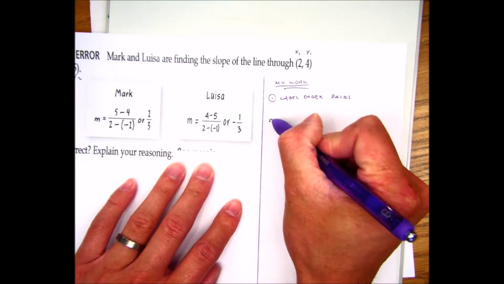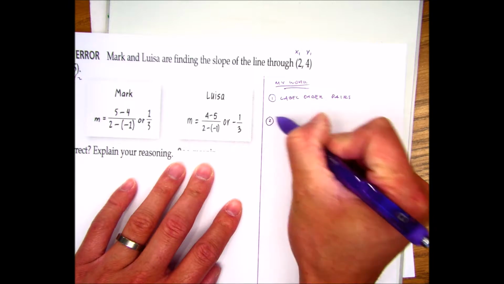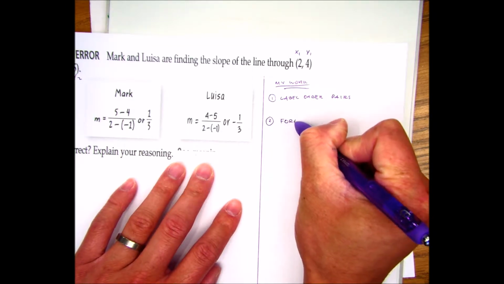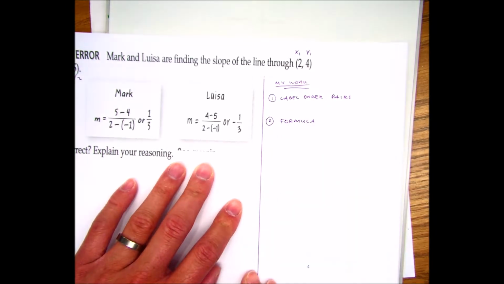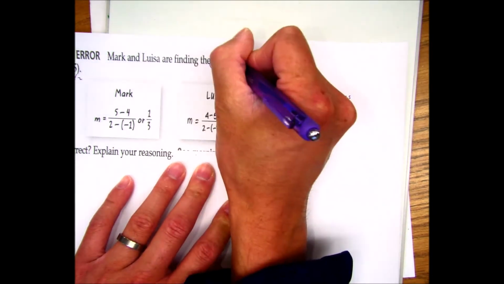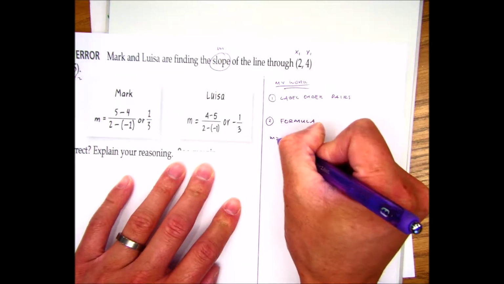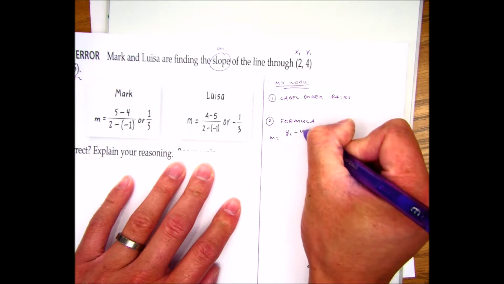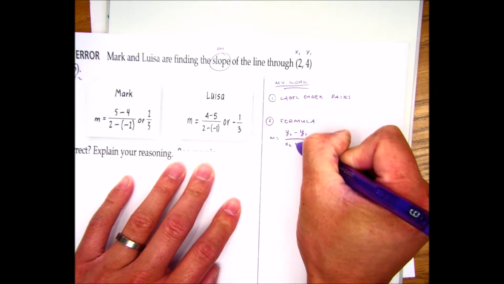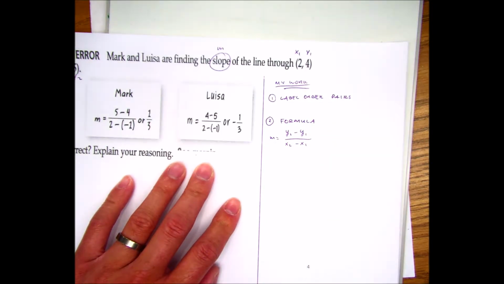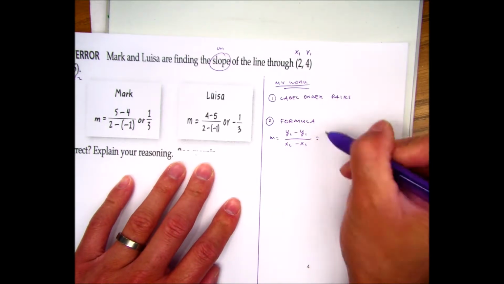The second thing I'm going to do is write down the formula. Here we're talking about slope. Slope is the letter m. So m equals y2 minus y1 over x2 minus x1. Again, there are two ways of writing this.